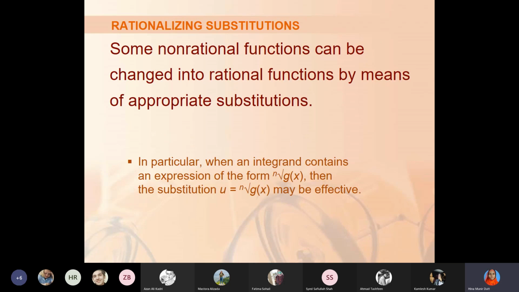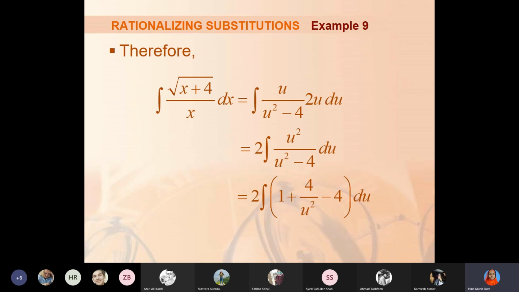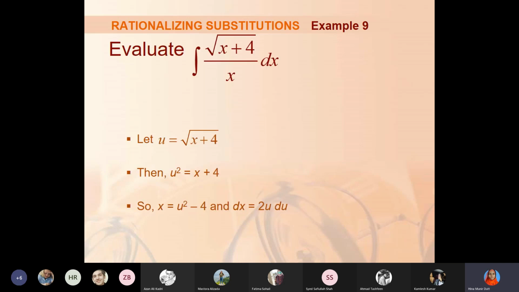Okay, some non-rational functions can be changed into rational functions by means of a substitution. That is, if you have this square root of x plus 4 over x, then I can substitute u equal to the square root of x plus 4. Then u squared is equal to x plus 4, x is equal to u squared minus 4, and taking differentials, dx is equal to 2u du.